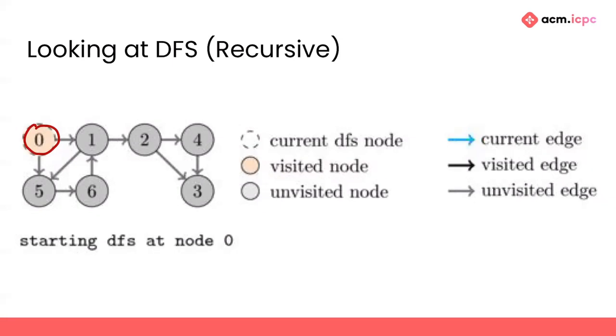Does anyone have an idea of what to do next? Pick one from 1 or 5. In this case, it doesn't really matter which one we pick. We can just pick a random one. Let's say we pick 1, and then we'll mark 1 as visited.